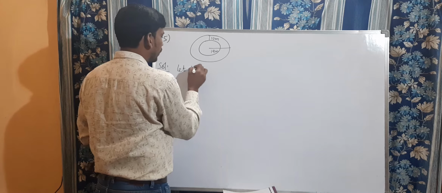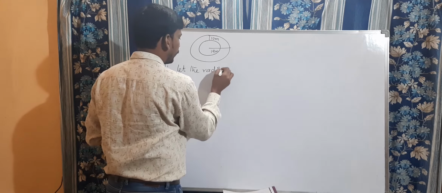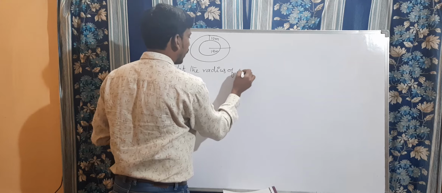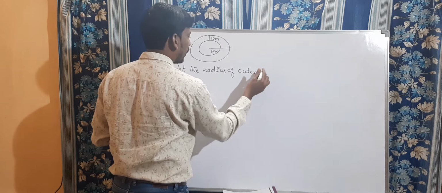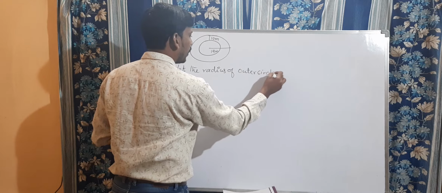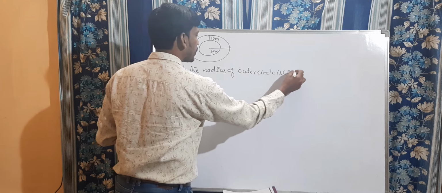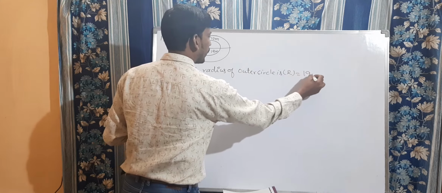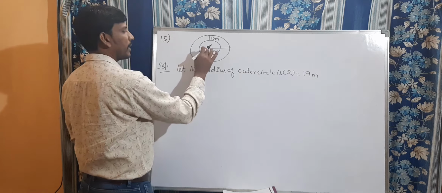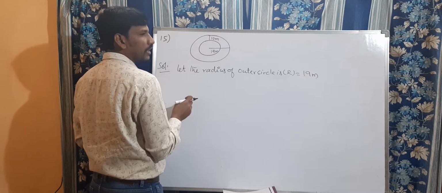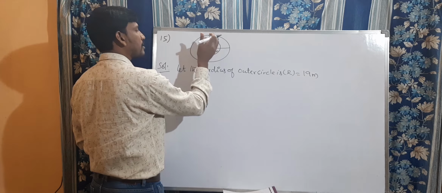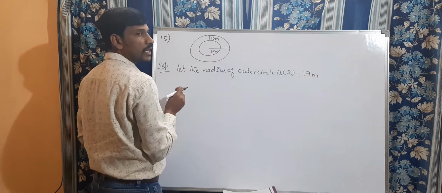Let the radius of the outer circle be capital R, which is nothing but 19 meters. Okay, from here to here it is 19 meters they have given in the figure, and the width is given here. So outer radius minus width gives the inner radius.